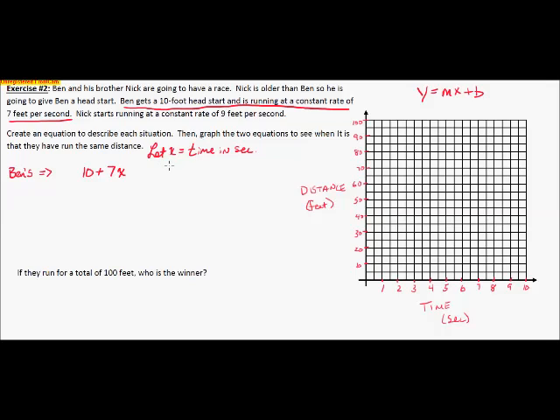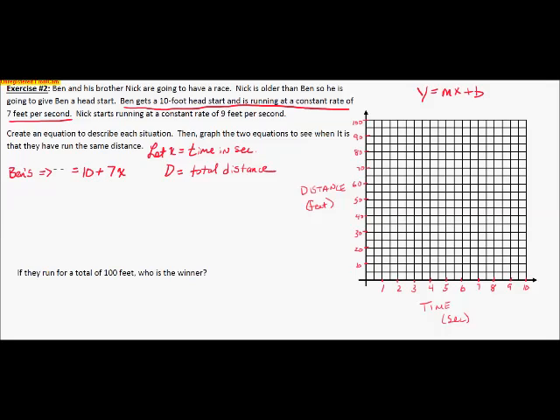And then we'll use a d for the total distance. You can see, again, I took a little time ahead of time and labeled my axes over here. If you want to pause the video and do the same, that's fine. But we're going to jump right in and finish this equation. He did a 10-foot head start, and then he's running at 7 feet per second.